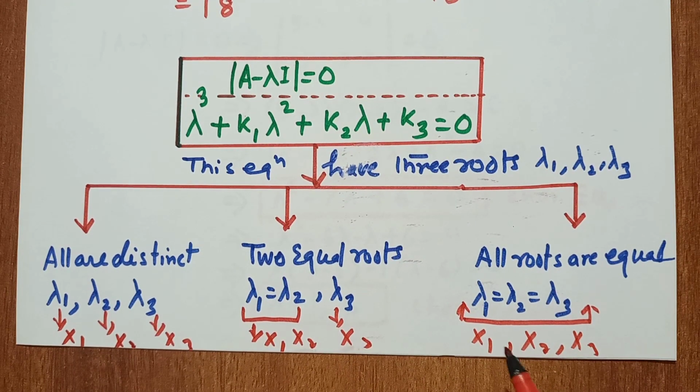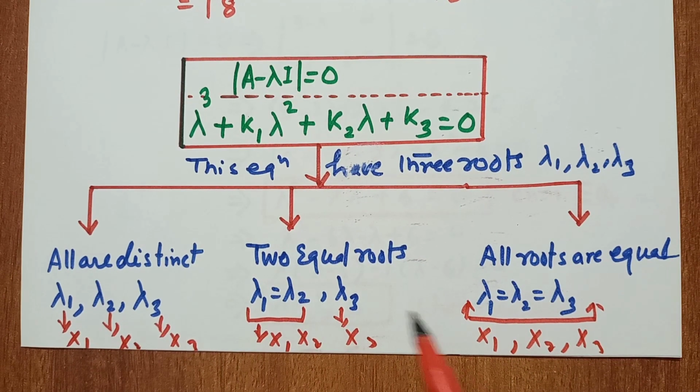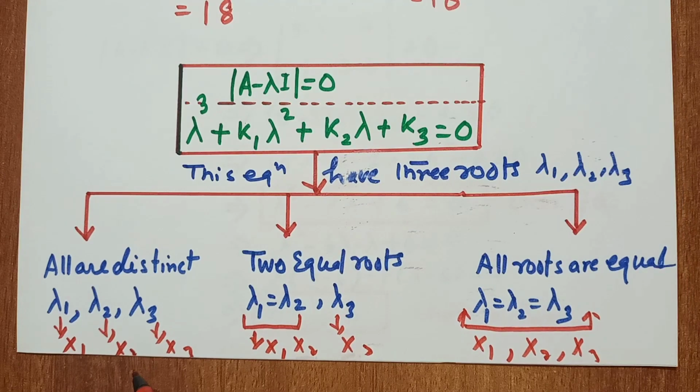We will explain a very nice method to find the value of eigenvectors. So remember that 3 cases arise, and in all cases we get 3 different eigenvectors, whether the values are different or the same. This is a very important thing.